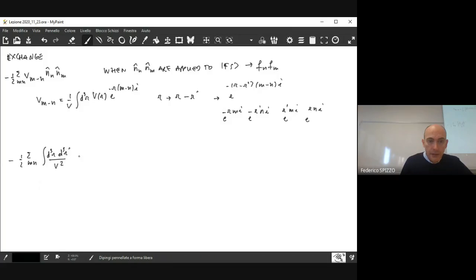Then I have e to the minus i m r, e to the minus i n r prime, then e squared, the interaction potential, and e to the i m r prime, e to the i n r.